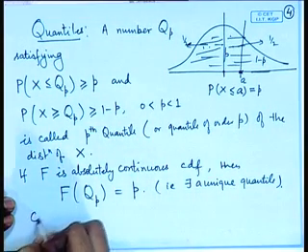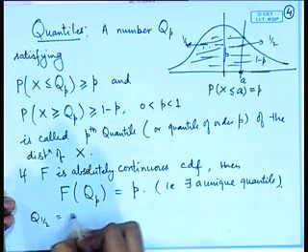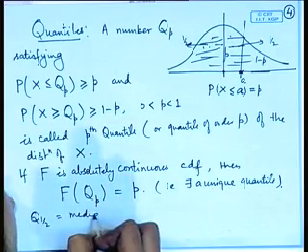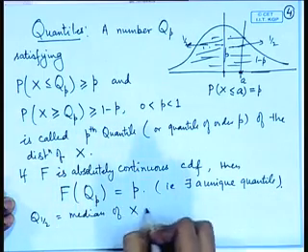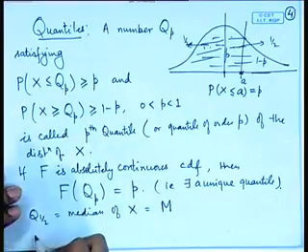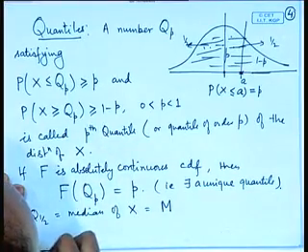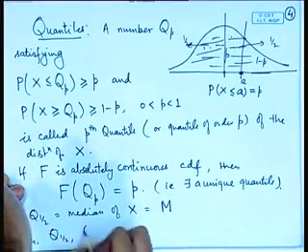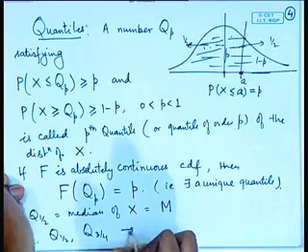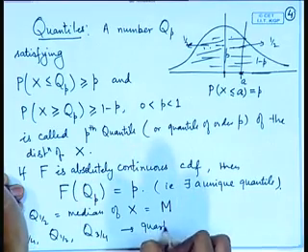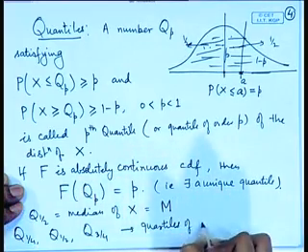So, Q half is called the median of x, we use a notation m. Also Q 1 by 4, Q half and Q 3 by 4, these are called quartiles of x.